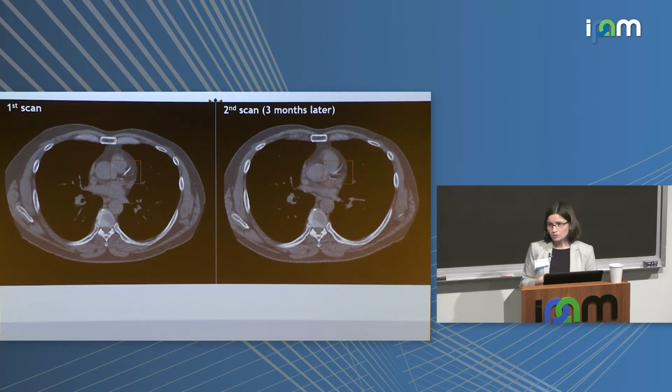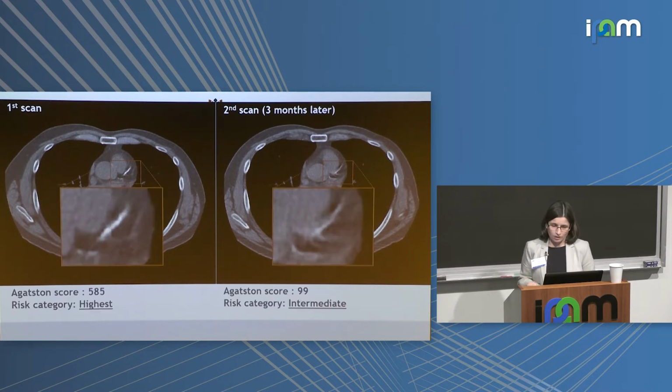In 3 months, we don't expect any change or any visible change in the calcium score. If you look at the lesions, in the first one, there is almost no cardiac motion visible, and the lesion gives us a high score, and the patient is assigned to the highest risk category.